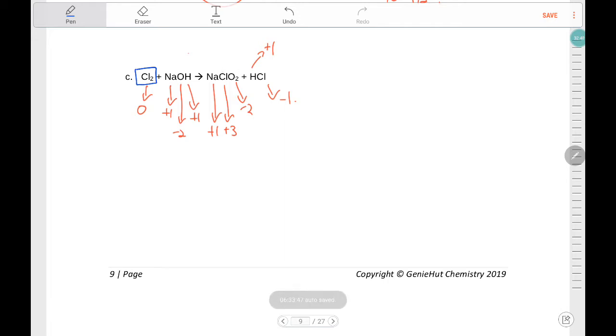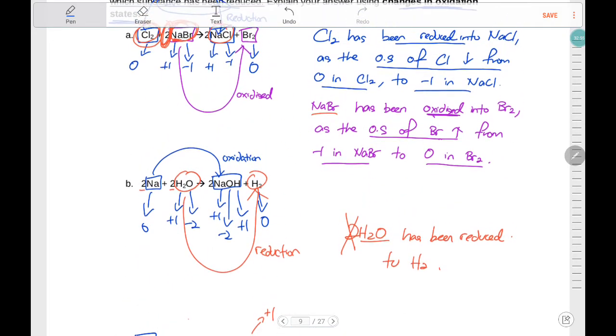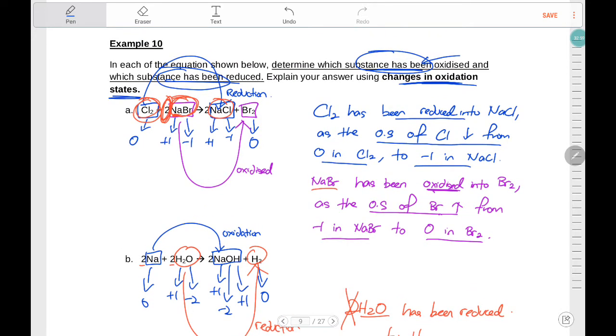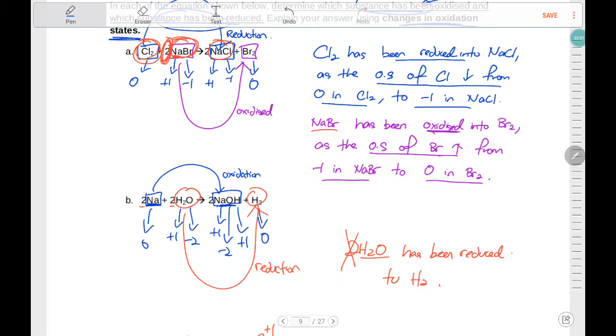Okay, so for this case, if you try, you realize it's a bit different in that in the normal redox reactions we have seen so far, it's always going to be a pair, as you can see here. Na becoming oxidized to NaOH, one pair, and H2O becoming reduced to H2, another pair.